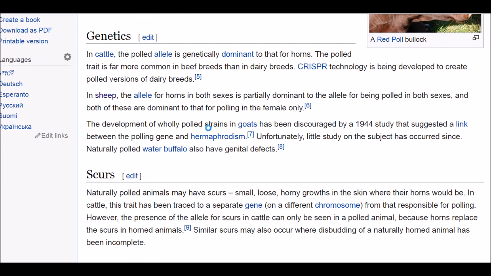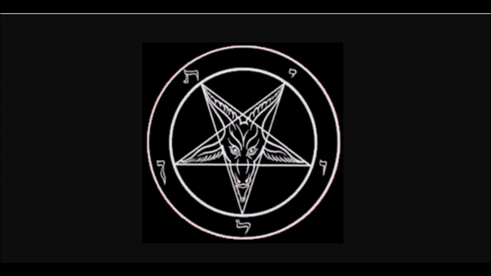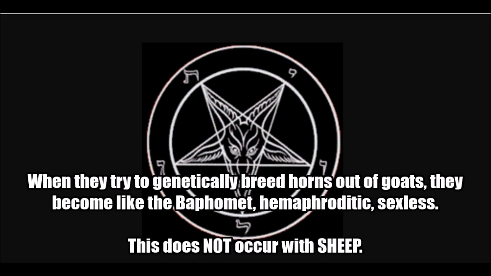Now, what they found is that with goats, when they tried to remove their horns, they turned into hermaphrodites. In other words, they had both sexes. And now you know why the Baphomet has both sexes.